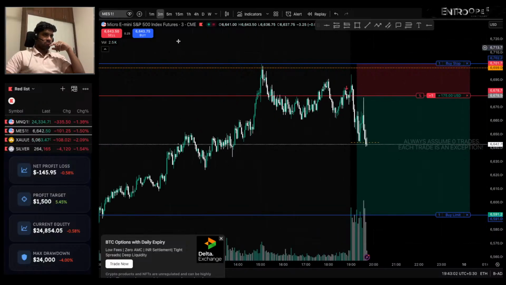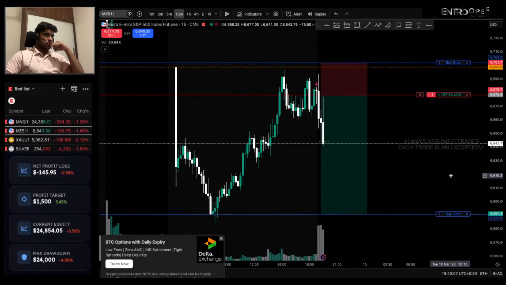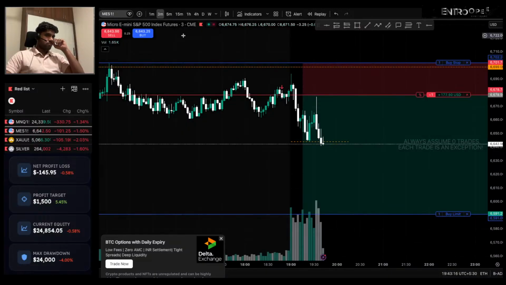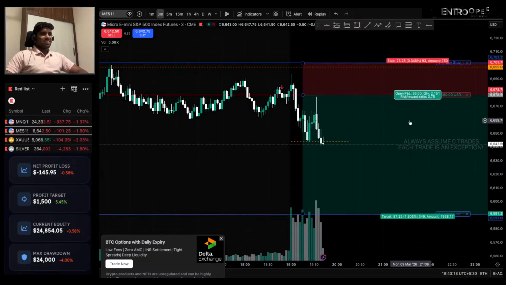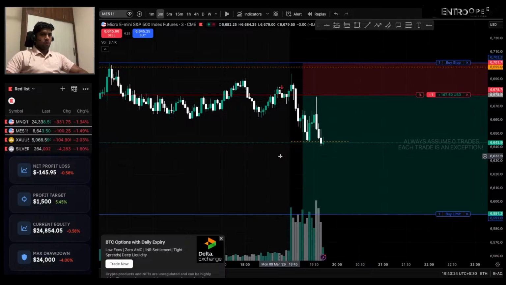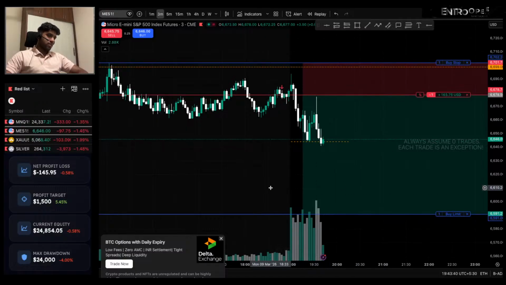Okay, it's a pretty good RR. I think now we can trail it to this area that we saw, because we don't want to lose money now because the price has moved pretty good. And now if it takes out this high, actually even then it could hit our target.